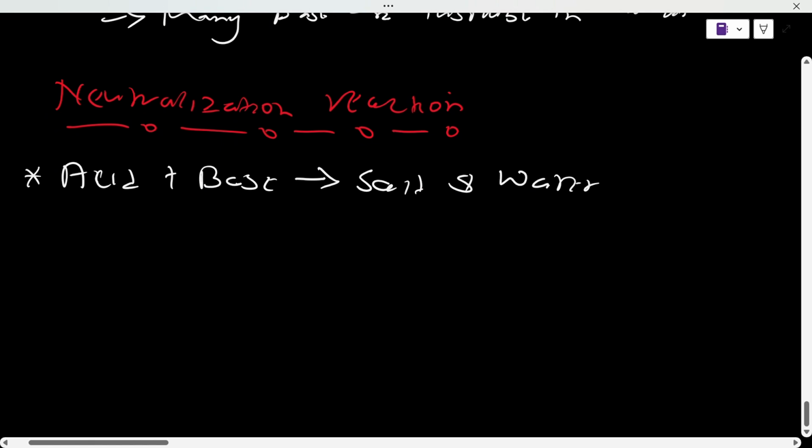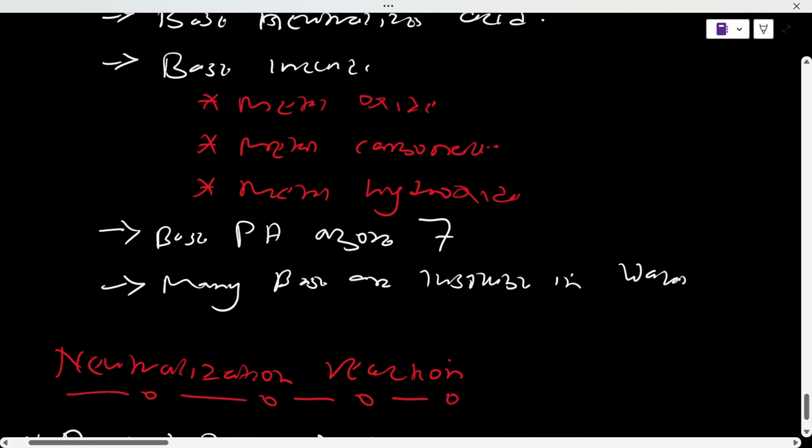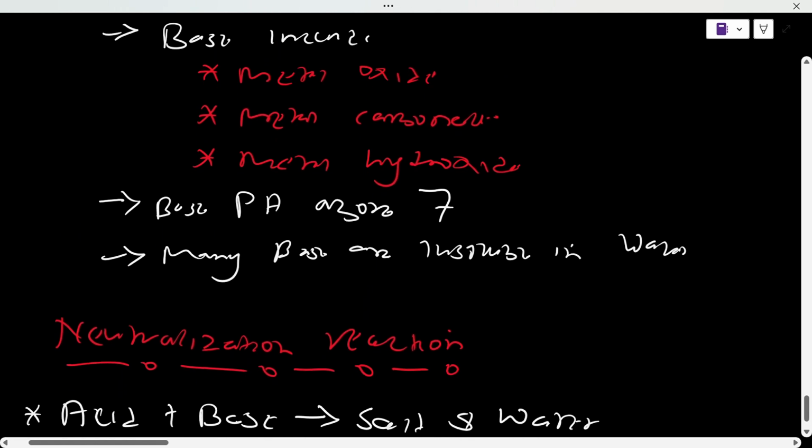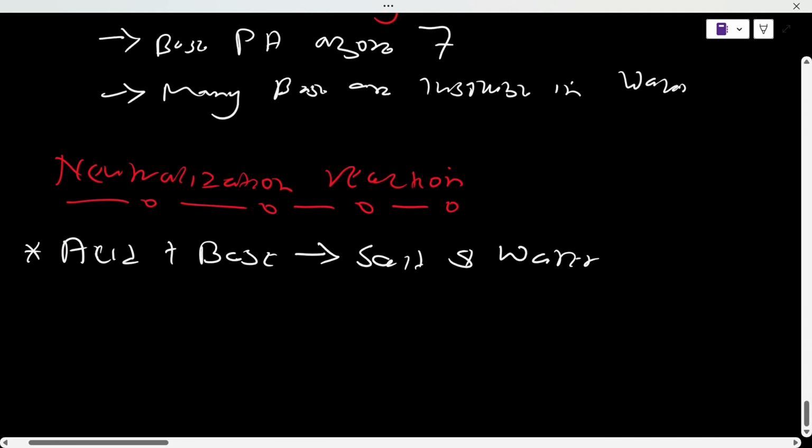But now, remember we said examples of bases include metal oxide, metal carbonates, metal hydroxides.